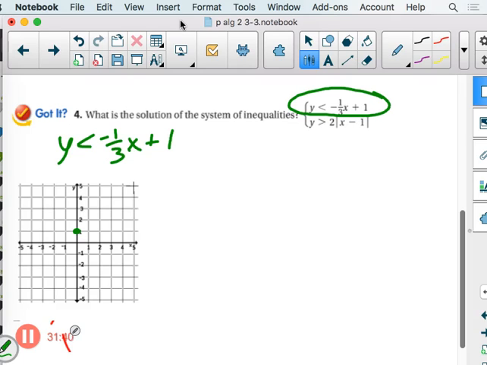Down 1 and right 3. It's finally a dash. Woo! Finally. This was solved for Y. Up or down for the shading? Up, down, up, down. Y is less than, so down.